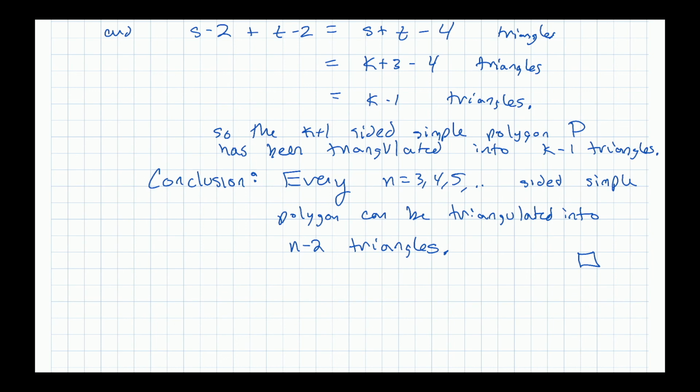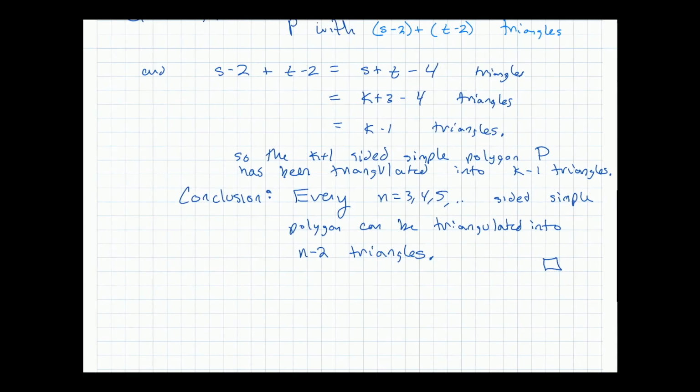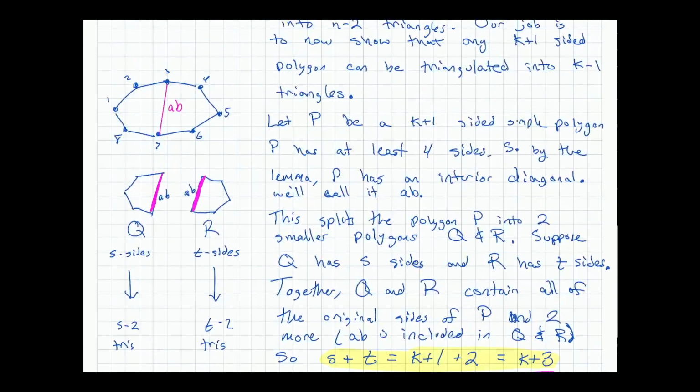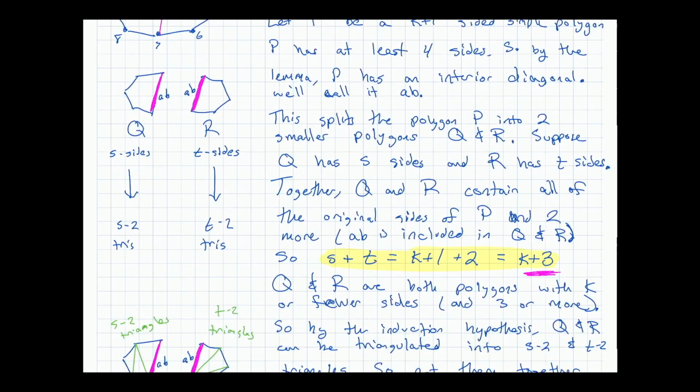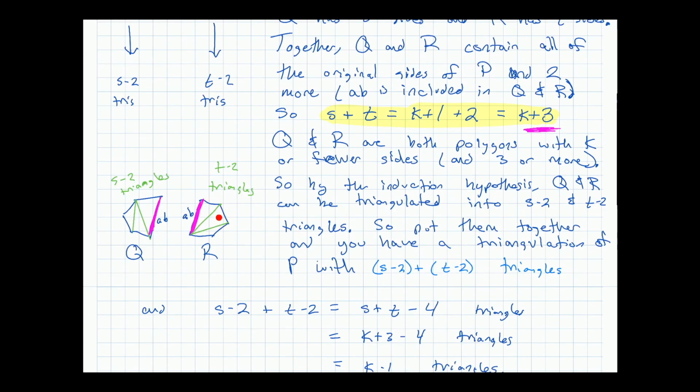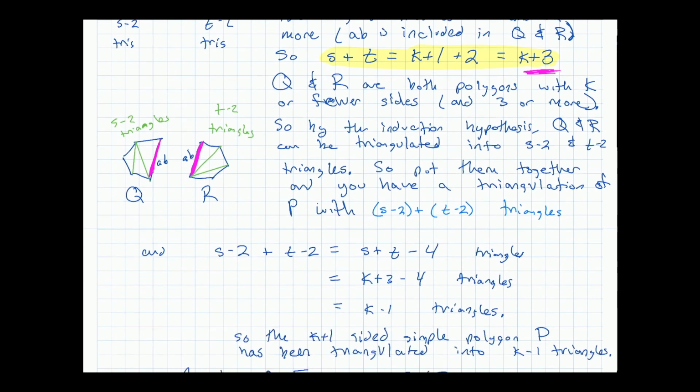So all I want to say about this now is just to hit the high point. The algorithm for how to do this was, how do you split a big polygon? Well, you cut it in half into 2 small polygons. And then the induction hypothesis tells you that you can take the small polygons and triangulate those. So if you can triangulate a small polygon, you can triangulate a big polygon.